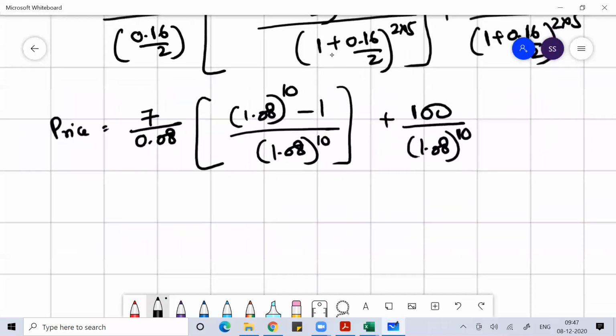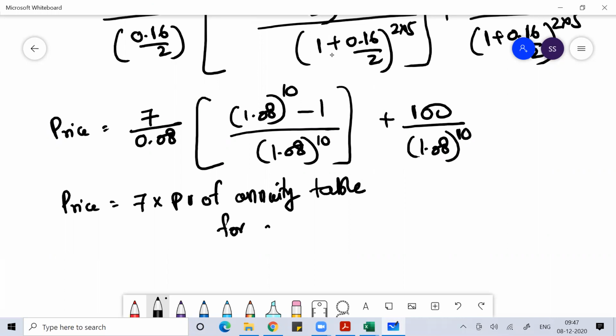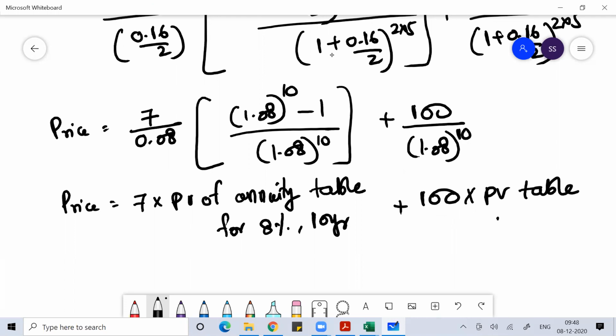6.7101. This is price should be 7 into present value of annuity table for 8% for 10 years, plus 100 divided by the present value table for 8% for 10 years.